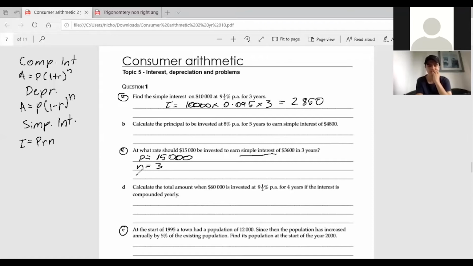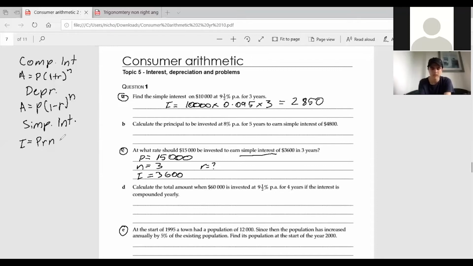And do we have anything else? We have the interest, which is 3,600. So what don't we have? You don't have the rate. Yeah, so R is equal to an unknown.